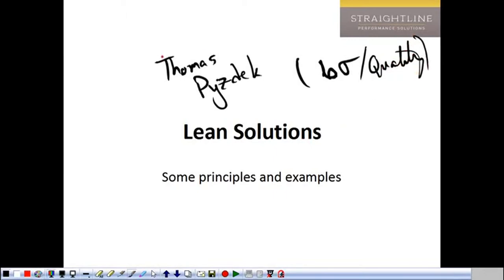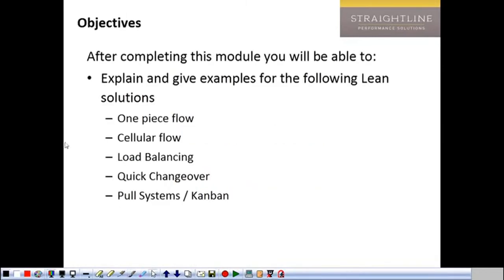But what he noted was that lean, in many ways, is a canned set of things that you use to act solutions on. Now, I don't totally buy into that, but I think he sort of has a point. A lot of the things that we think of as concepts in lean are actually solutions or almost solutions that we can apply in different places. So I want to talk through some of those solutions.